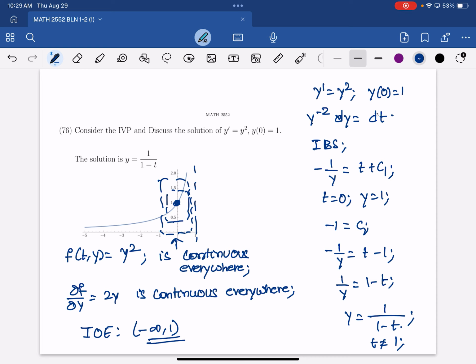So my smaller rectangle where there is a unique solution has to be to the left of t equals 1. Okay, and you find that out since the denominator cannot equal 0, that's why it's t equals 1. Correct. The denominator tells me t cannot be equal to 1, but my initial value tells me that it has to be to the left of t equals 1. Make sense? All good?